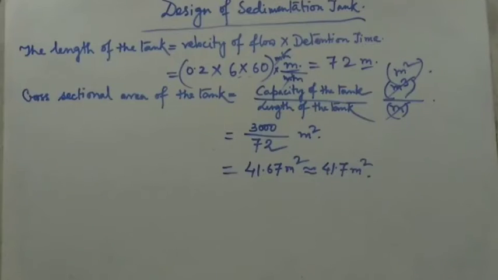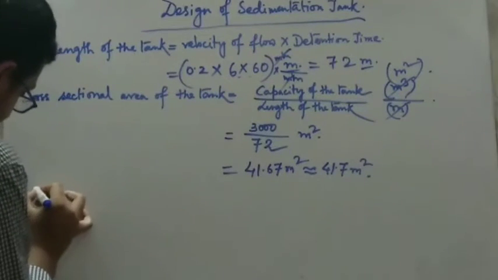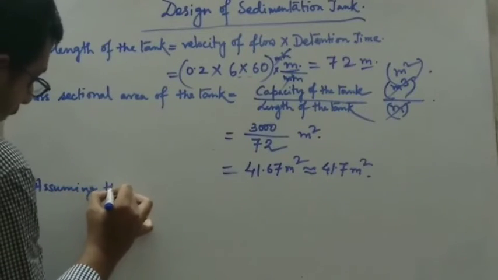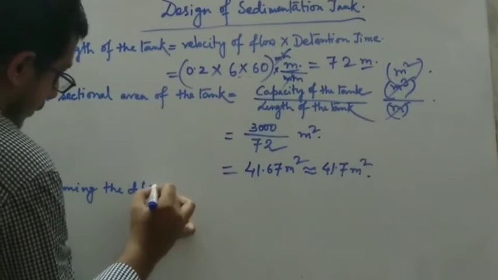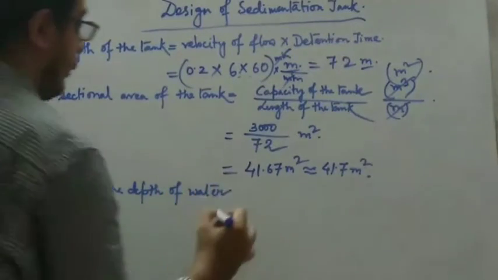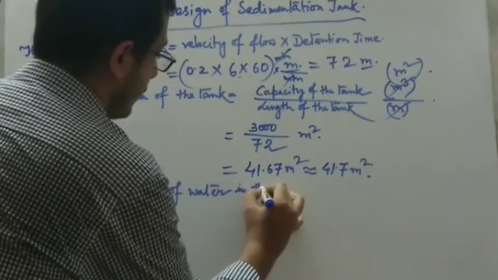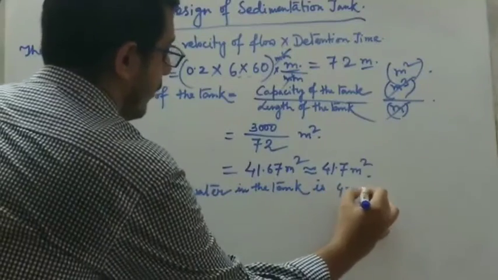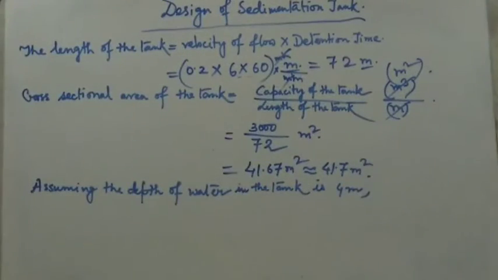Okay. So if we assume the depth of water in the tank, then we can easily calculate from the cross-section area the width. So please write down, assuming the depth of water in the tank is 4 meter. Then what will be the width of the tank?